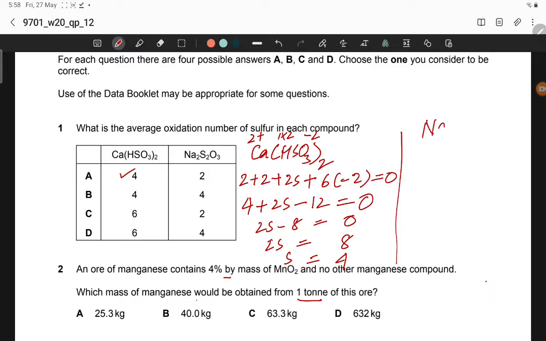Sodium thiosulfate, Na2S2O3, is equal to 0.